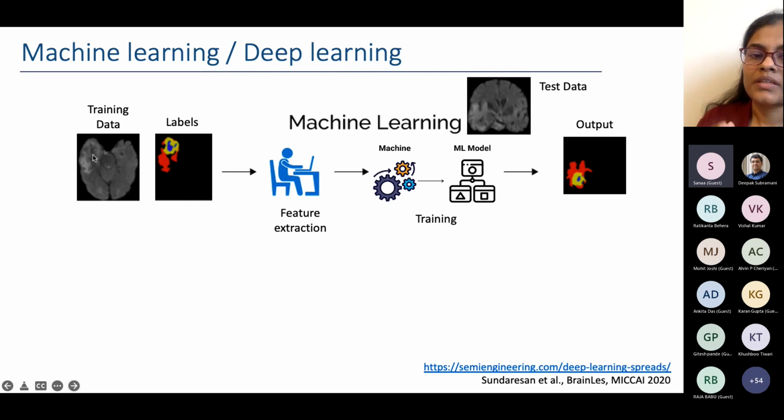These can be extracted as features, in an automated manner, of course, and then provided to the machine. Now the machine learns what the structure is and where the structure is, basically the labels of the voxels based on these features. And when the test data is provided, it provides the relevant output. So this is what happens in machine learning.